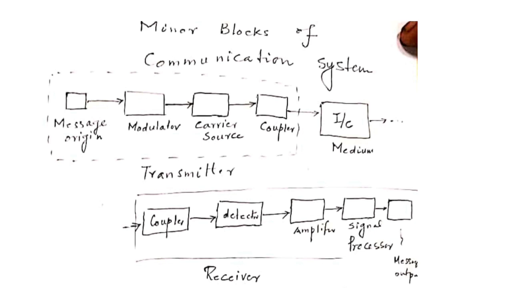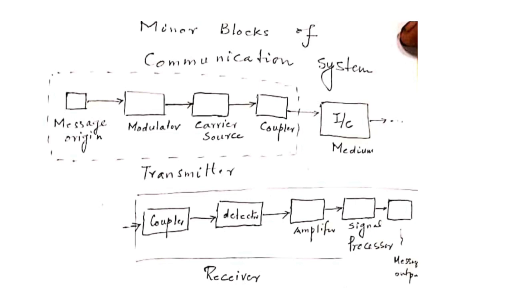So the receiving antenna of a wireless communication system is an example of a coupler which receives the information from the information channel. So the function of the coupler is to receive the information efficiently from the information channel.